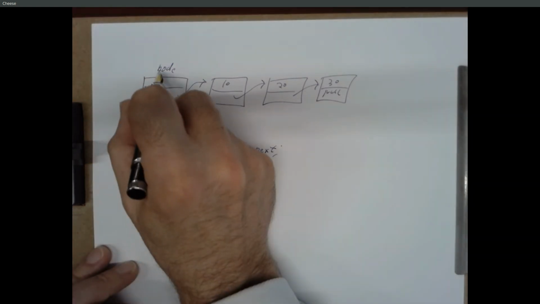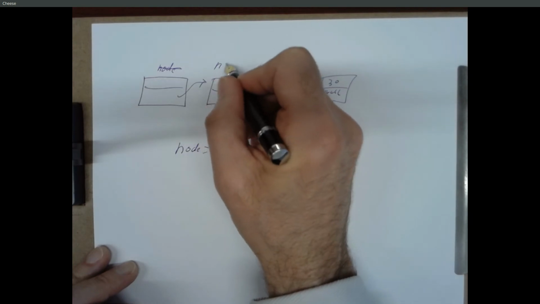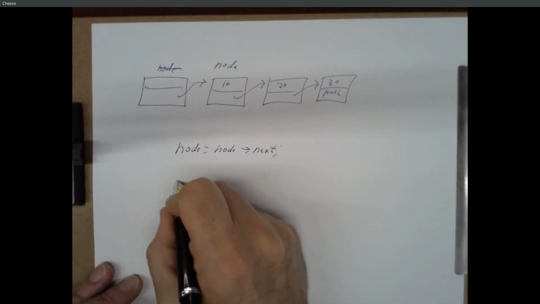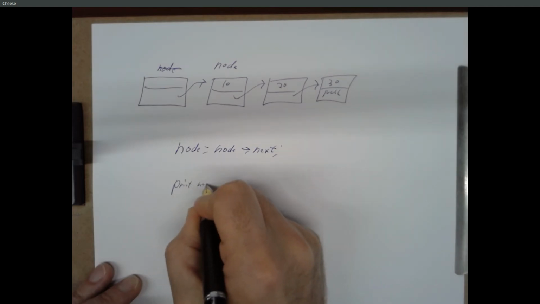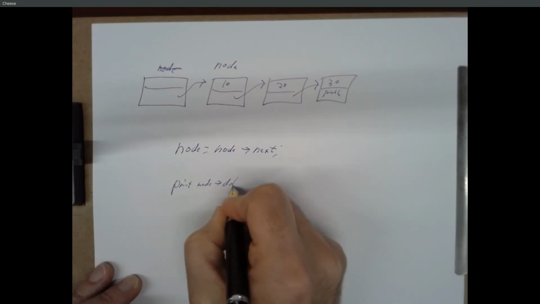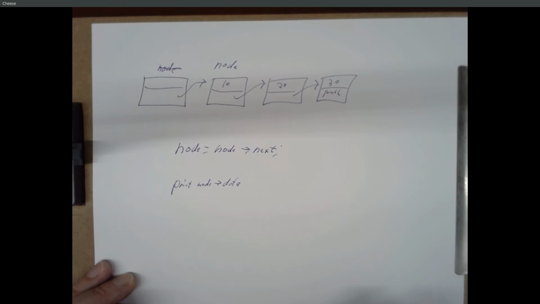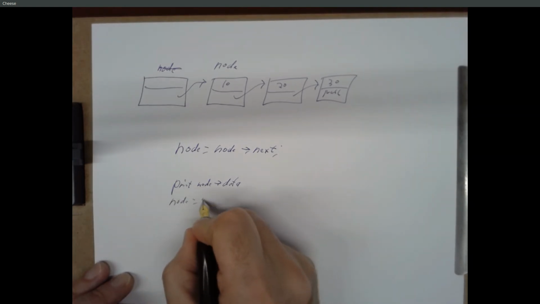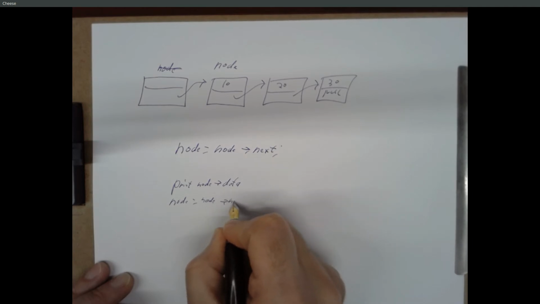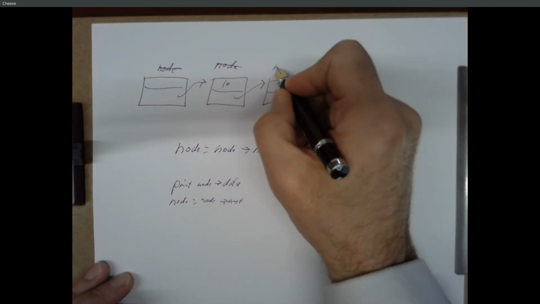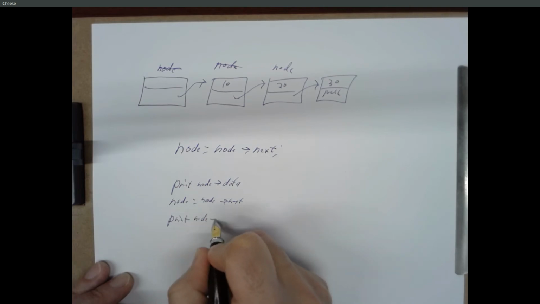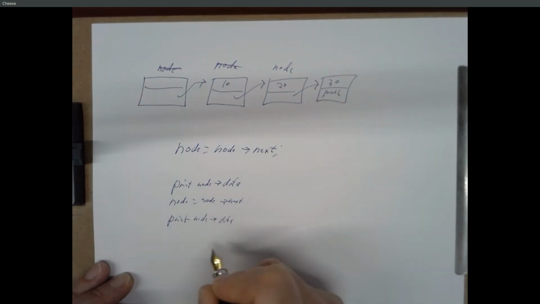That will change node to be the next node. And we can print node arrow data. Then we can do node equals node arrow next, print node arrow data, and then move node again.